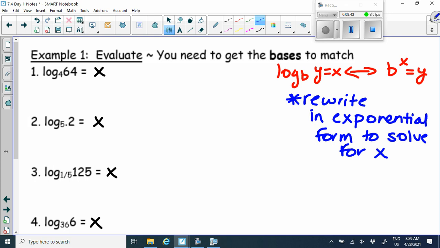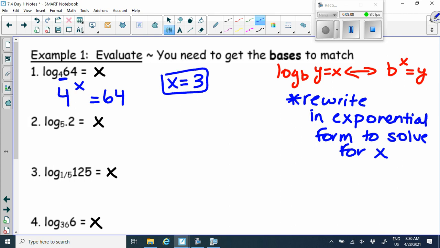Here, our base 4 is going to be the base on our exponential, so 4, then our exponent x, and then equals 64. Now some of these are going to be a little bit easier. Let's think about it: 4 to what power gives us 64? Well, that's going to be 3. So this one you can kind of think in your head. It's going to be 3.